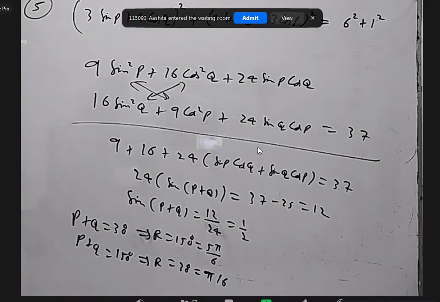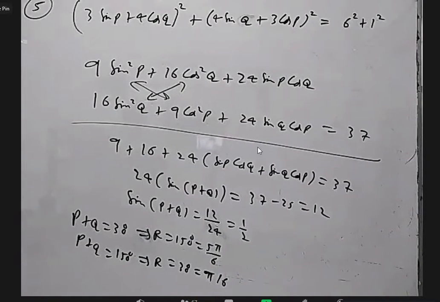Sir, two answers are coming because in the second quadrant also sine is positive. So in the second quadrant, if you take sine of something, it is positive in the first and second quadrants.